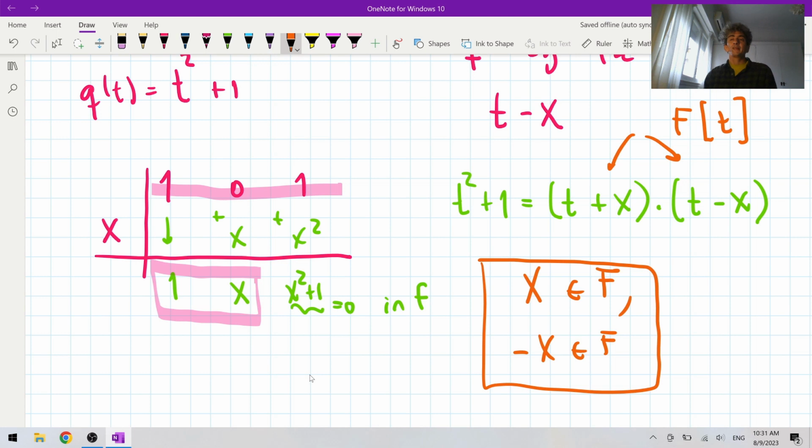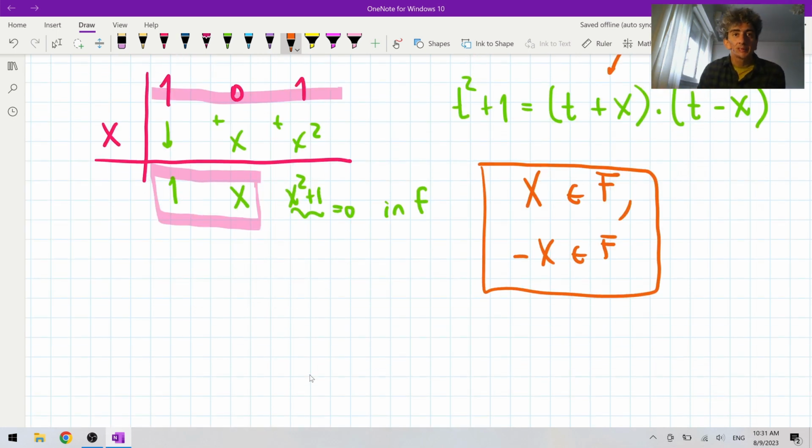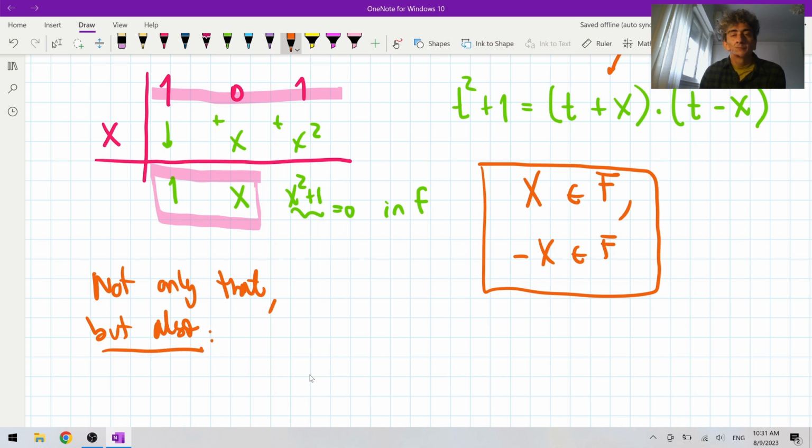All right, and not only that, but also since x squared plus 1 is 0, in F we get that x squared is equal to minus 1.